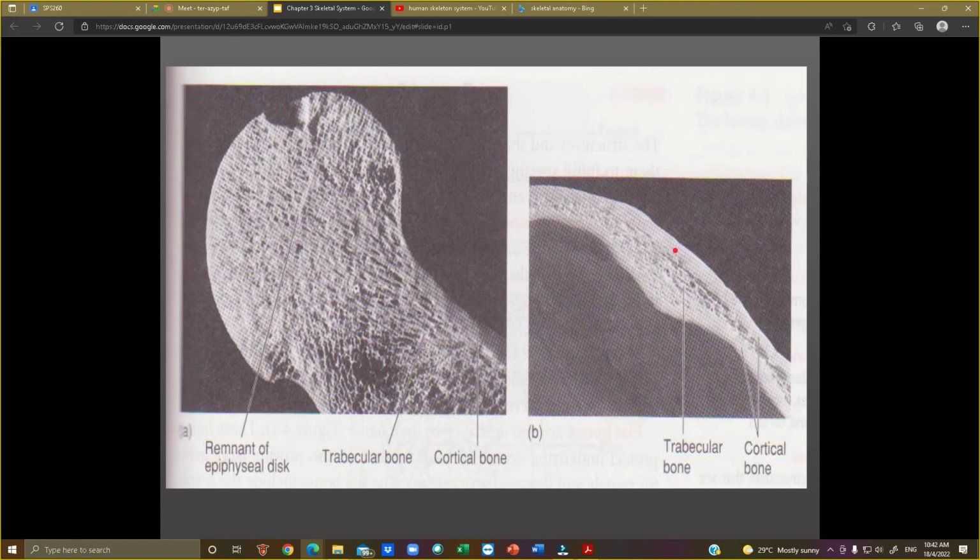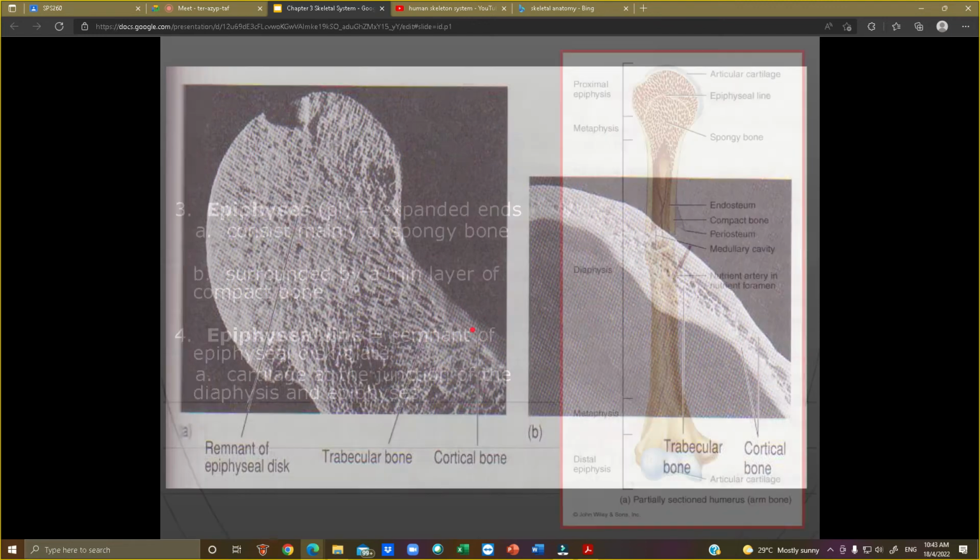Jadi benda tu memang ada dekat dua-dua bahagian. You're going to see those two divisions of bone. Untuk long and short, kita boleh nampak in the middle, we have trabecular. Towards the surface, we have cortical.